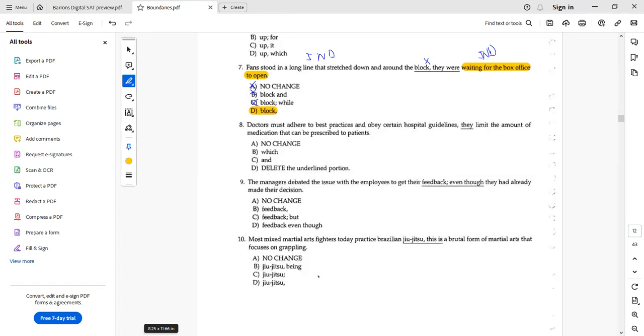Waiting for Masa. Okay, Masa. 8 right, 9 right, 10 wrong.